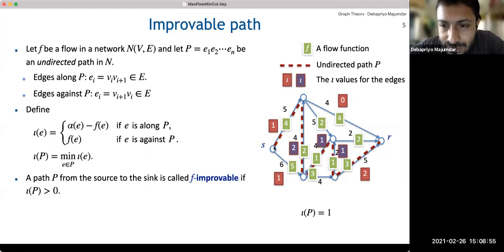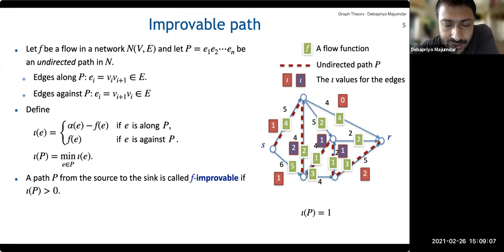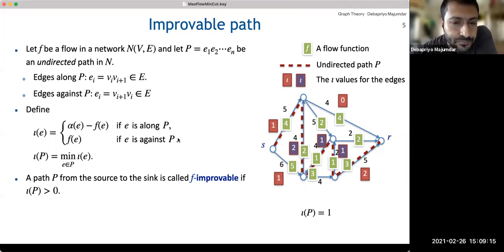So in this case, obviously, this path is F improvable, because iota of P is positive. In other words, if you change the flow along this path, you would probably improve. That's what it tells you. So this path is an example of an F improvable path.